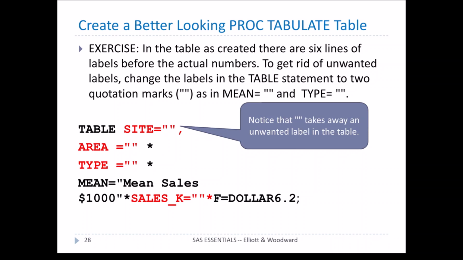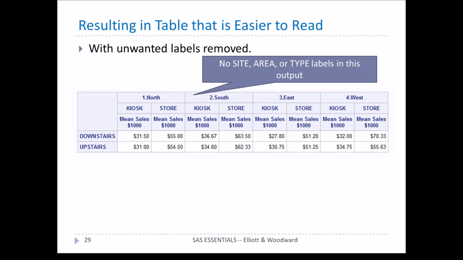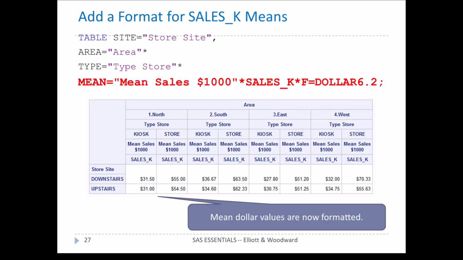By eliminating the labels, and actually we didn't have any defined, but defining blank labels takes away any labels that would have been there. And so you can see that we now have a much cleaner looking table. Again, I'm going to scroll up a couple just to show you what it looked like.